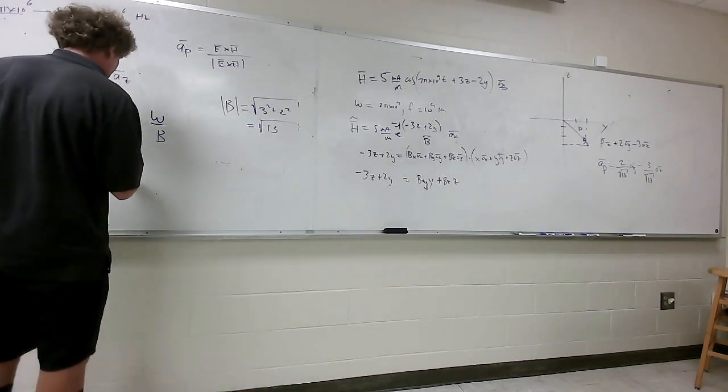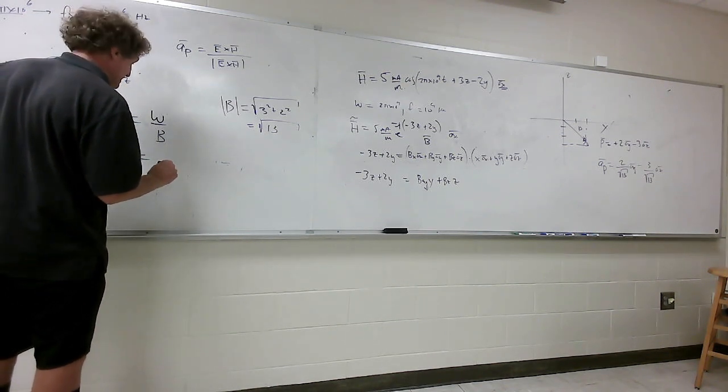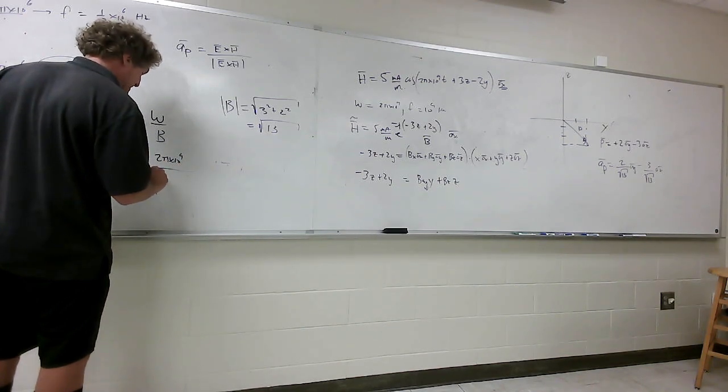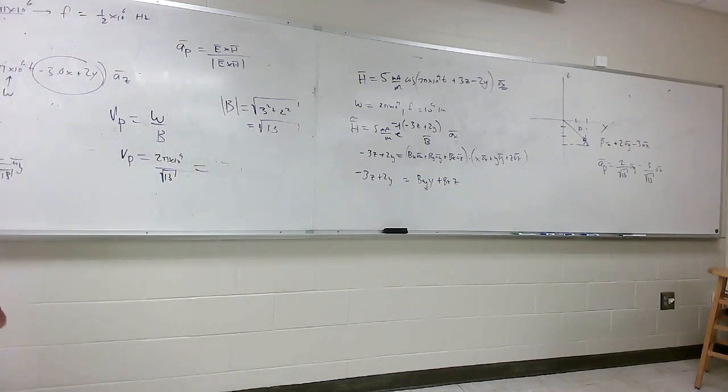So what do we get for phase velocity? Hopefully it's less than the speed of light. Omega is what did you say? 2 pi times 10 to the 9th. And what is beta? Square root of 13. Is that less than the speed of light or not? It would be 6 divided by 3.8, something times 10 to the 8th.